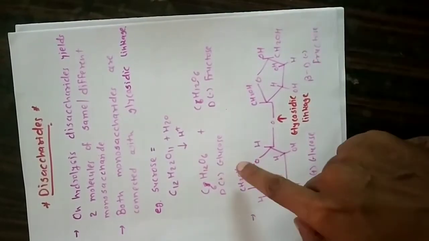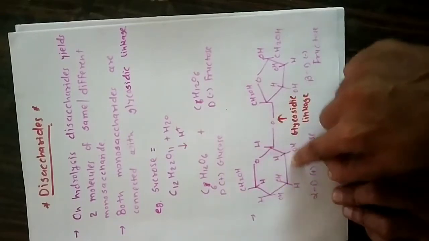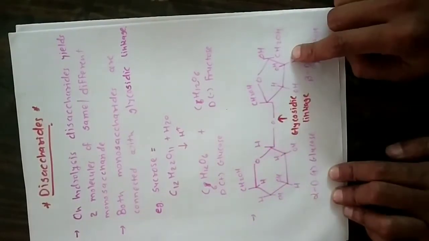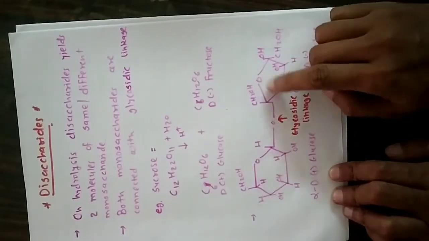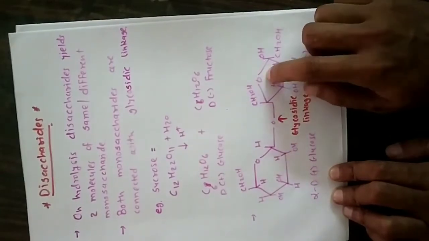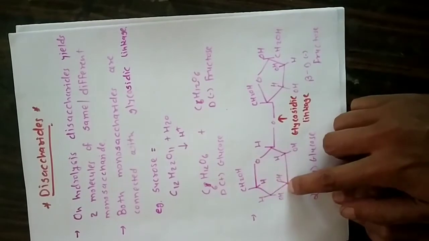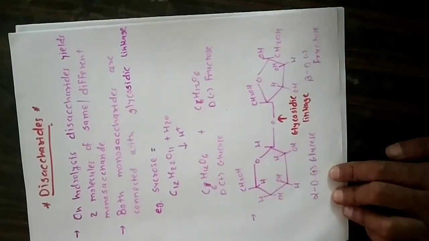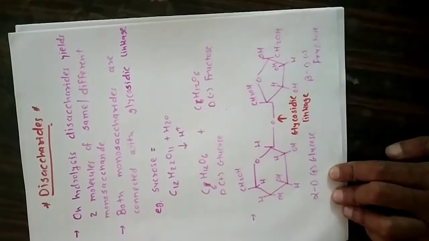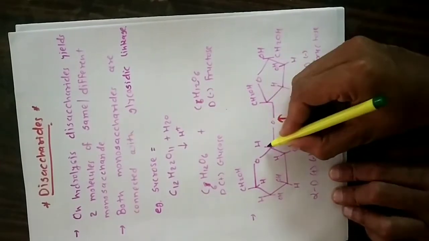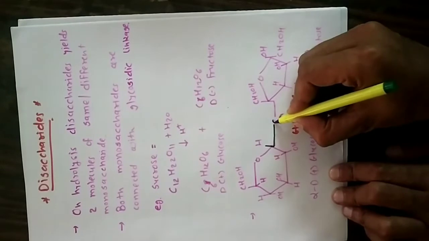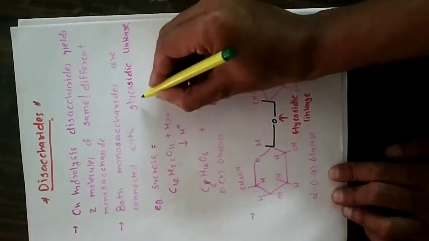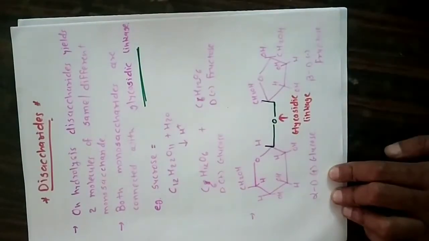You can see, this one is our glucose structure, this one is our fructose structure. In fructose, you can check here, a 5-member ring is there. In glucose, a 6-member ring is there. Now these both, glucose and fructose, are connected with this ether linkage, and this ether linkage is called a glycosidic linkage.